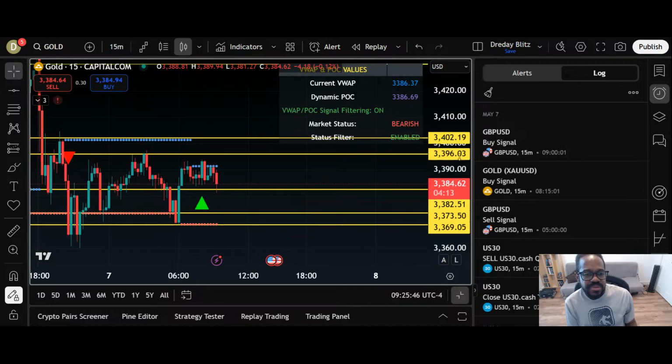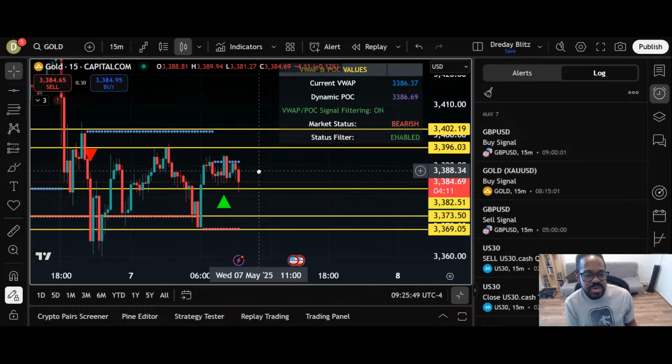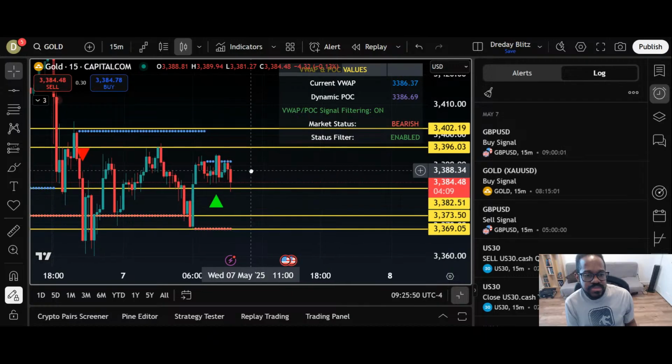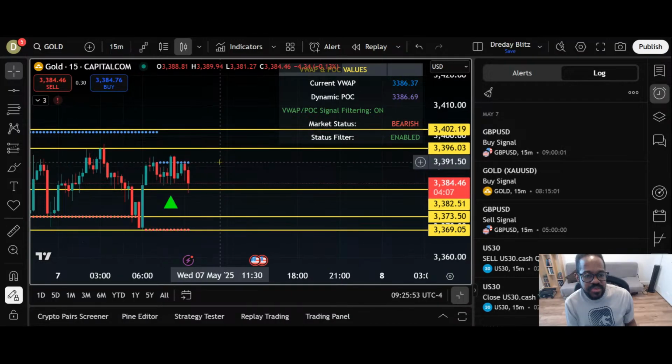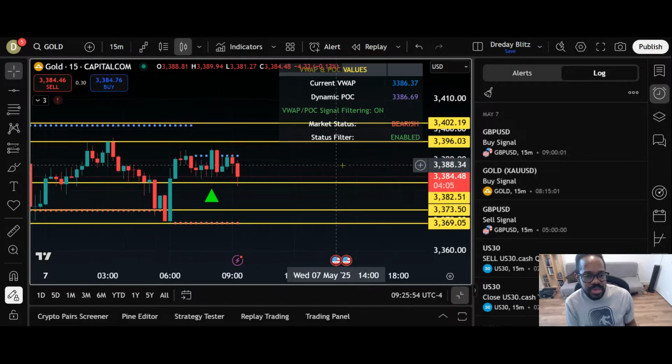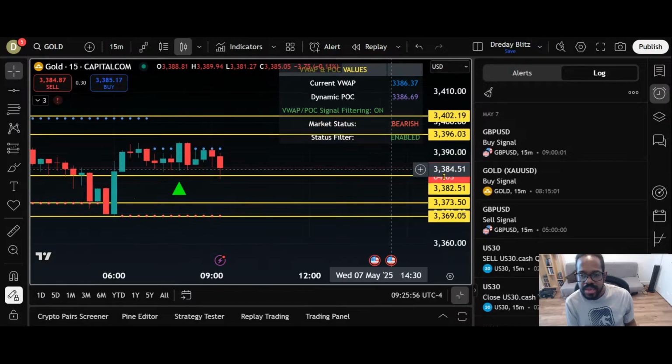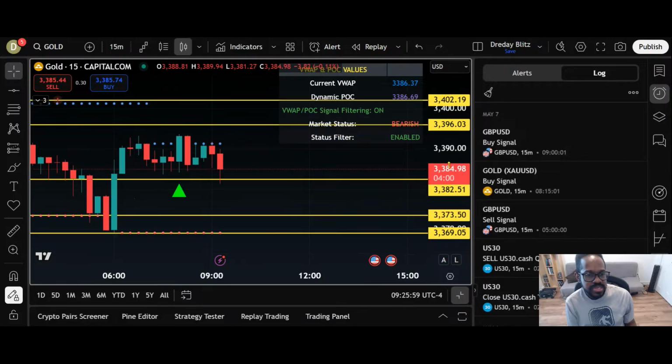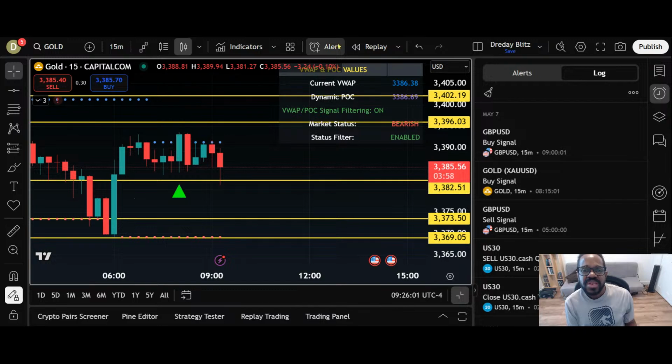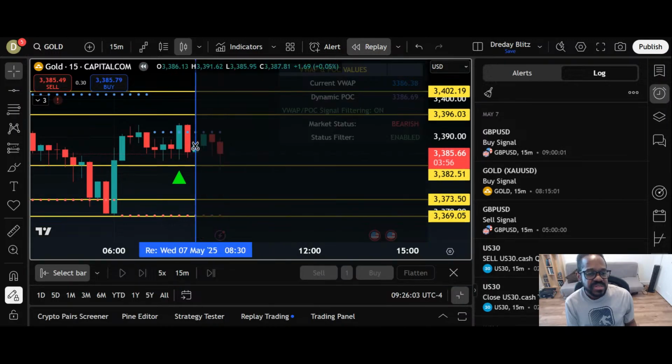So if it's bearish here, depending exactly if it was already bearish here when the buy came in, if that was the case, you wouldn't have taken the trade. So let's see. Let's do a replay.